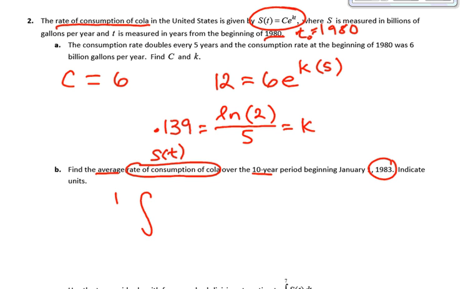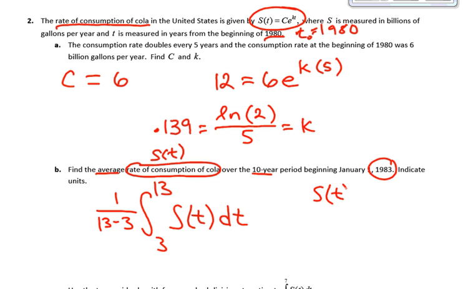So we're going to say that's 1/(13 minus 3) times the integral from 3 to 13 of S of T. You don't have to, on the AP test, rewrite the actual formula for S here. But it would actually be kind of a good idea because we never did that.